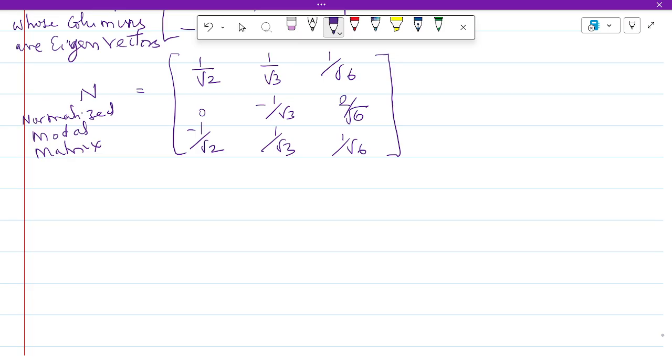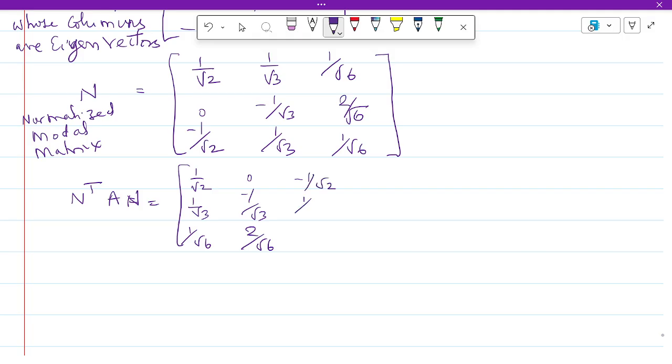So next we have to find N transpose AN. That is, N transpose is 1 by root 2, 1 by root 3, 1 by root 6, 0, minus 1 by root 3, 2 by root 6, then minus 1 by root 2, 1 by root 3, 1 by root 6.